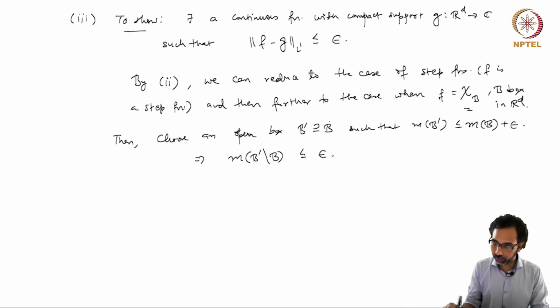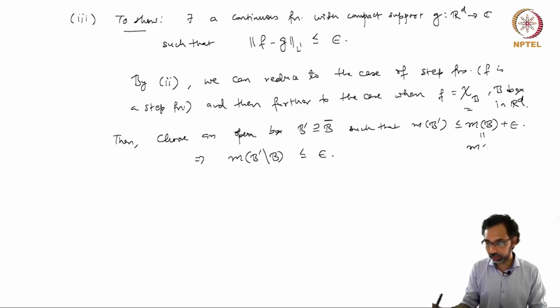Here I would also like it to contain the closure of B. Our box may not be closed, but we can arrange so that B prime contains not only the box but also its closure, and we'll still have this inequality because the measure of B is the measure of B bar. So we can assume without loss of generality that B is a closed box.